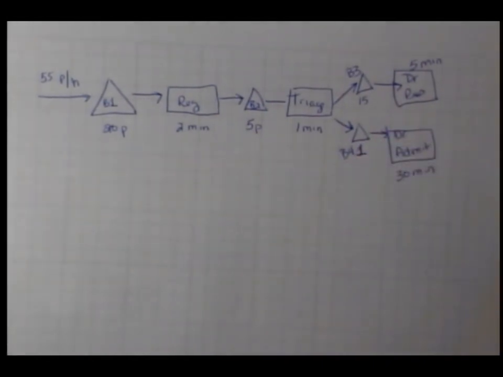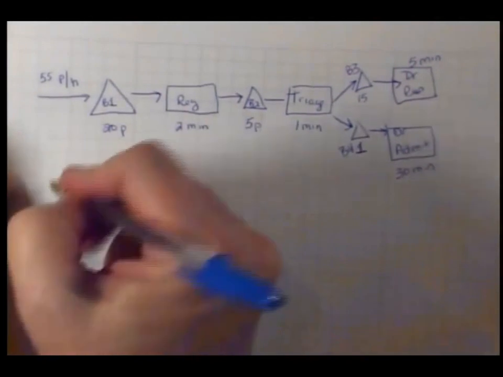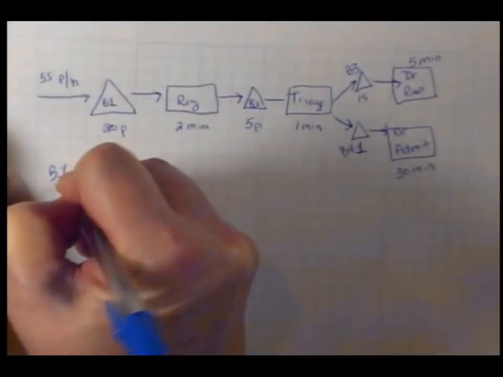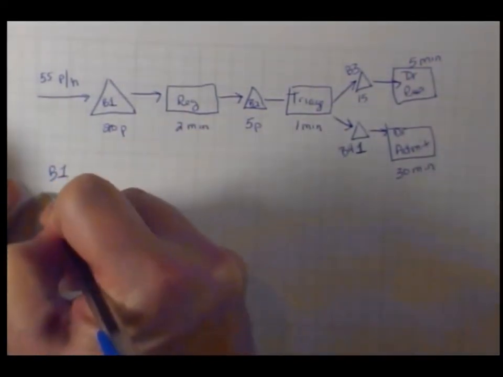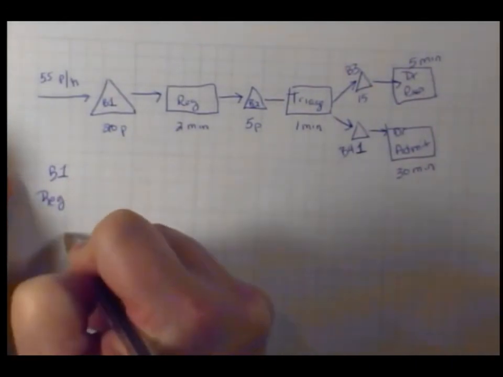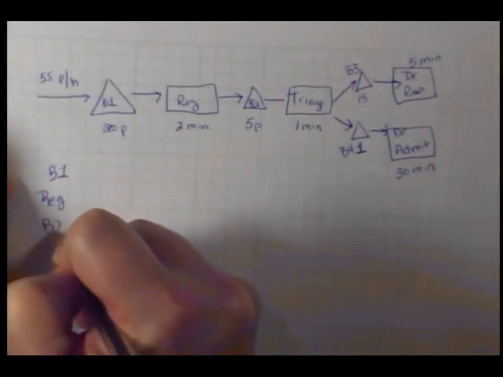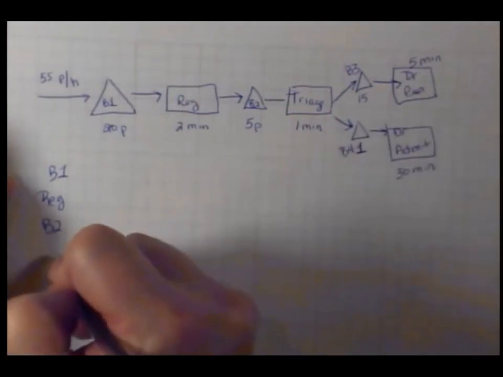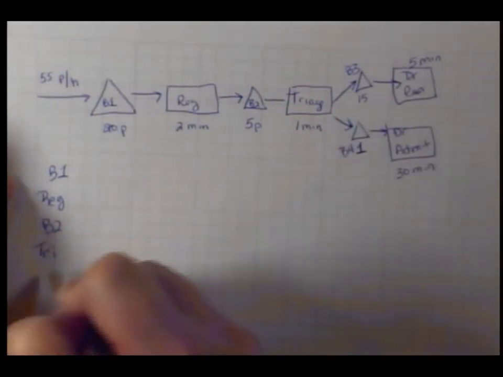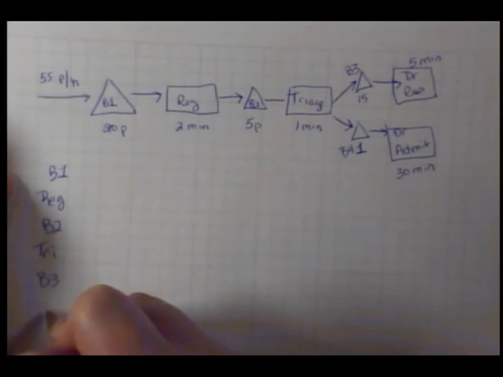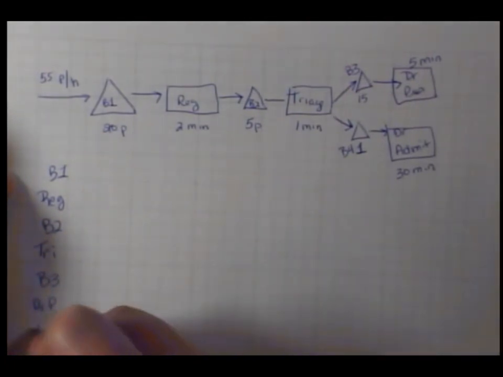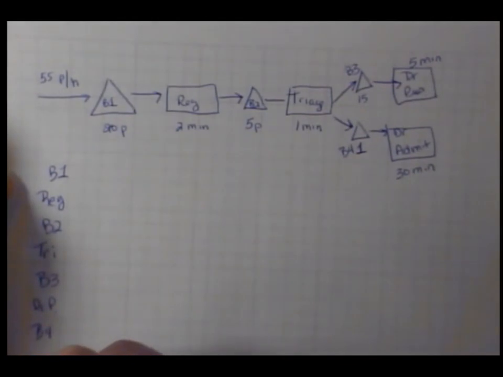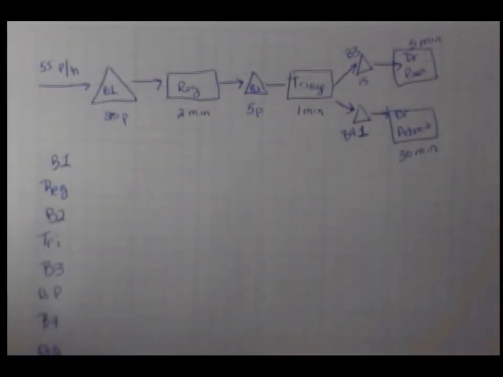Okay. All right, so then to follow through with how we approach this, I'm going to put the steps of the process down the left side of my table. So I'm going to go buffer 1, registration, buffer 2, triage, buffer 3, doctor with a prescription, and then buffer 4 and doctor admit.